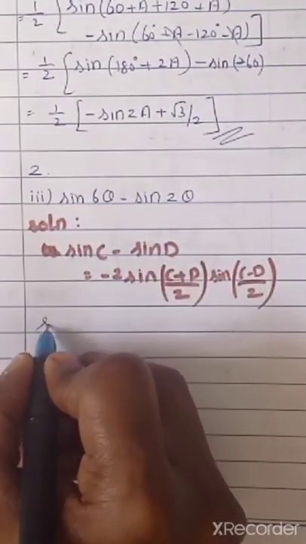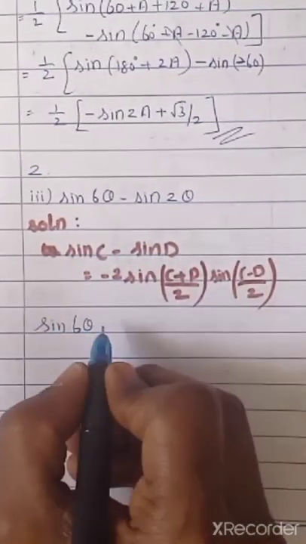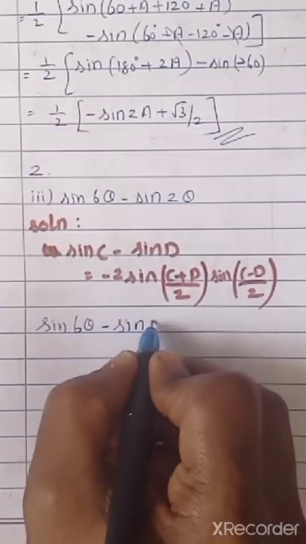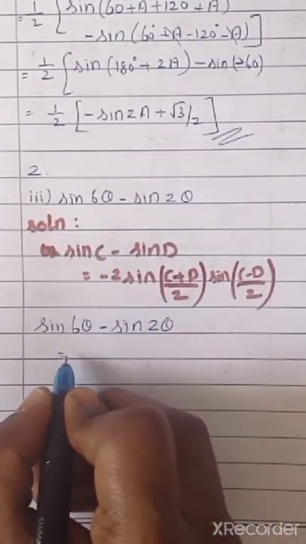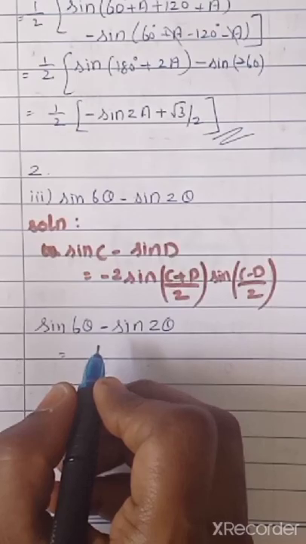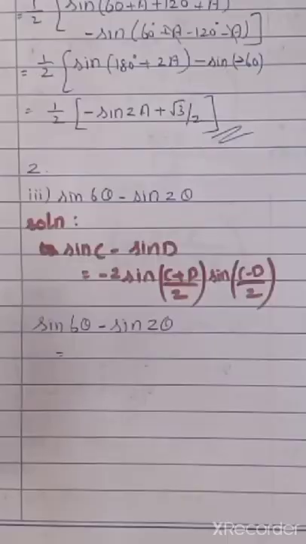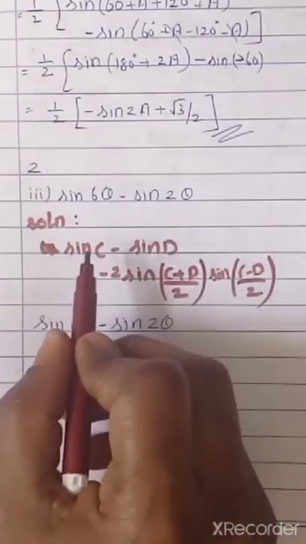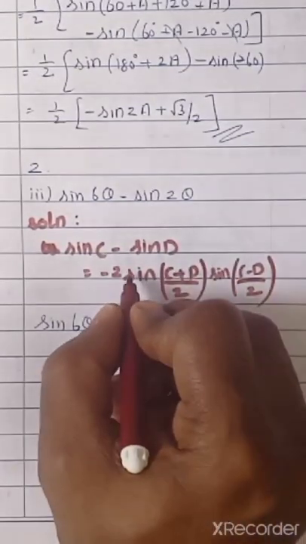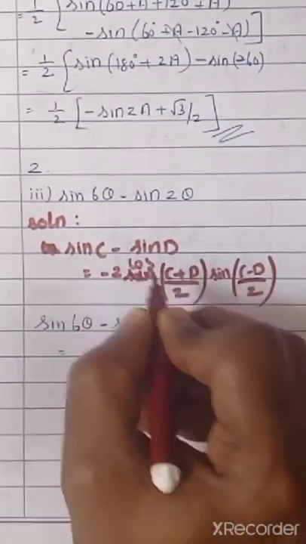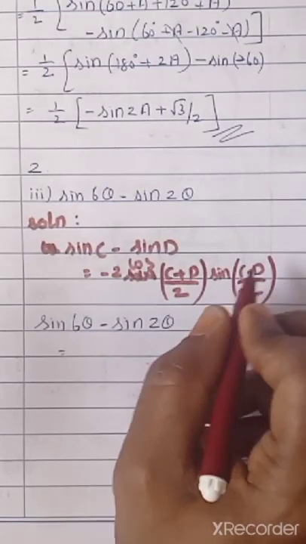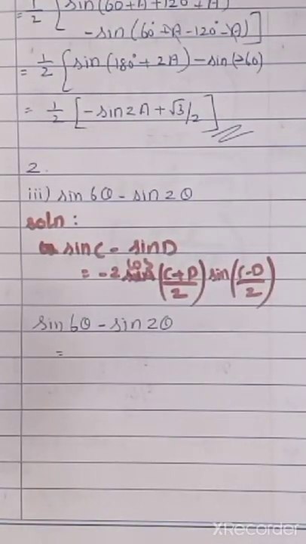Now sin 6 theta minus sin 2 theta, which is equal to, what is the formula? Okay, I made a formula mistake. Sin C minus sin D is 2 cos((C plus D) by 2) sin((C minus D) by 2).